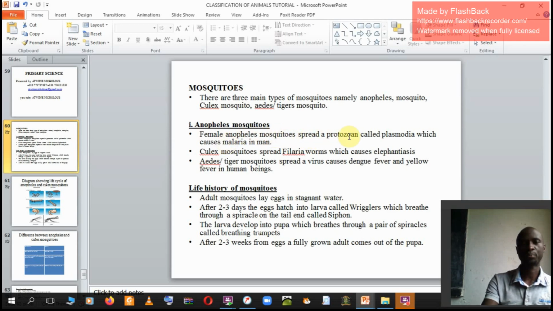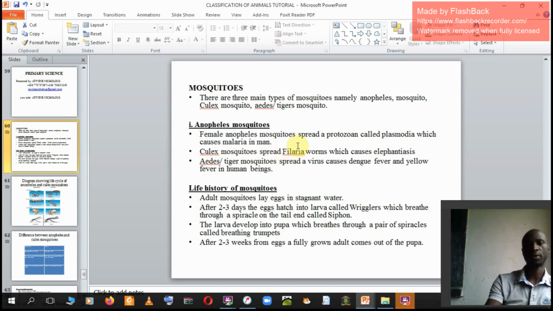They do spread a protozoa that we call Plasmodia. So Plasmodia is a protozoan germ that is spread by infected female Anopheles mosquito, and that germ causes malaria in man. It is that Plasmodia that causes malaria.